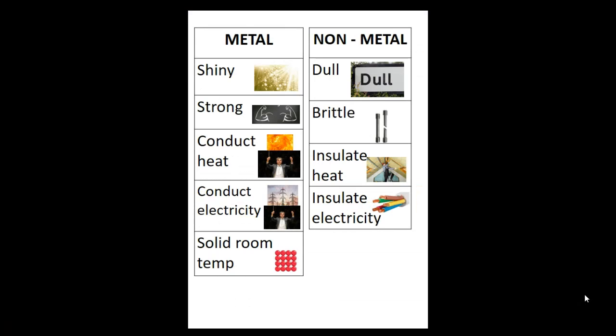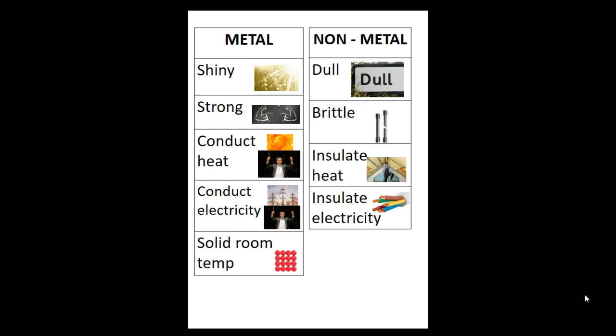So just talking about the general properties of metals versus non-metals. Metals are shiny, which means that they shine when light goes onto them. They are strong, meaning that they can withstand impact. They are tough, they don't break easily.